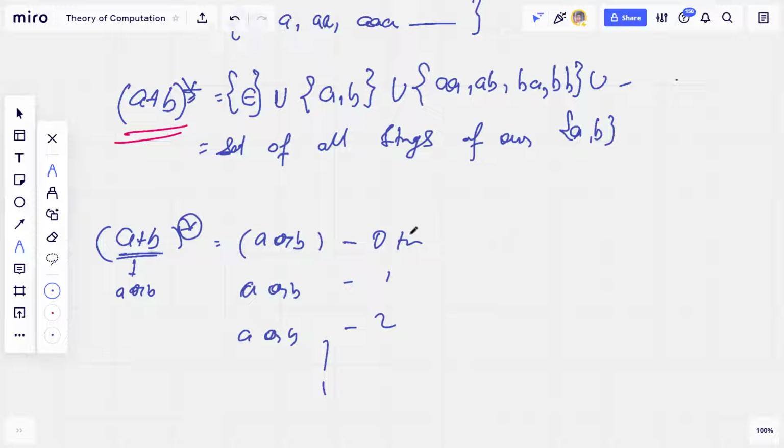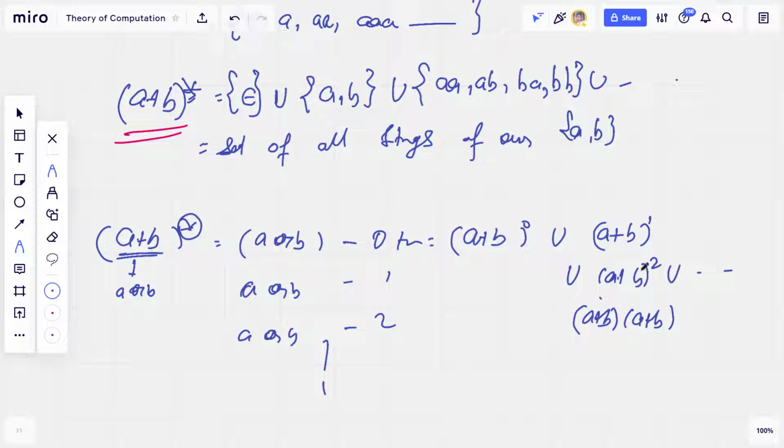So informally, I can write it this way: (A plus B) power 0, union (A plus B) power 1, union (A plus B) power 2, and so on. This (A plus B) power 2 will be (A plus B) into (A plus B).